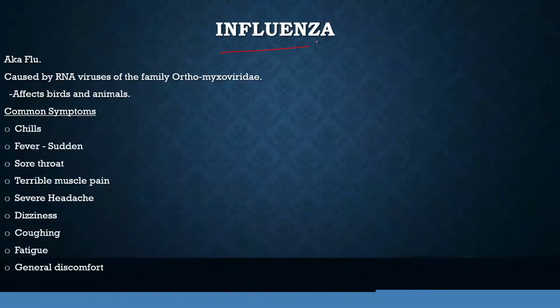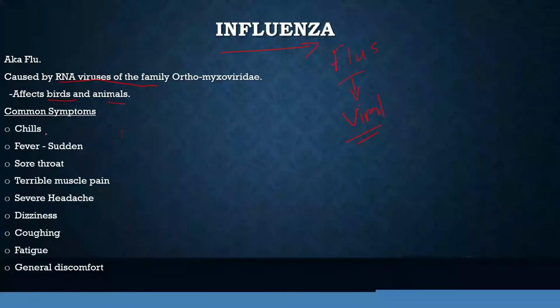And then we have influenzas or flus, which are normally majorly viral. So flus are normally caused by RNA viruses, and they can as well affect birds and animals. And these are some of the common symptoms of flus.